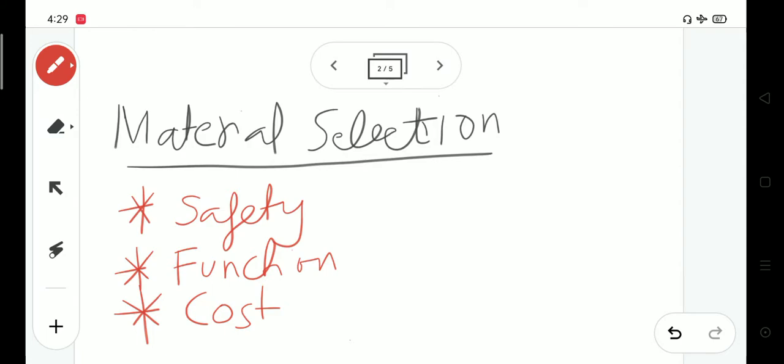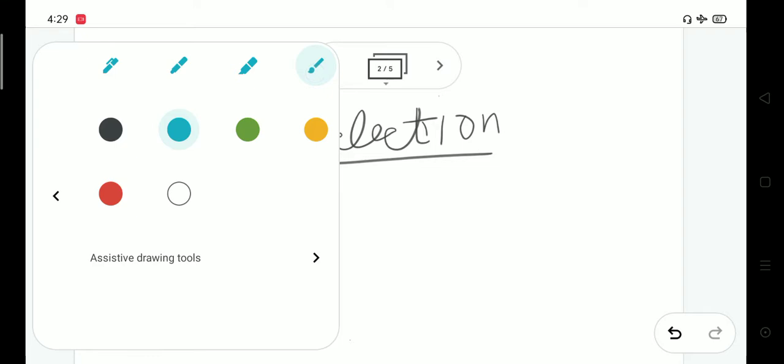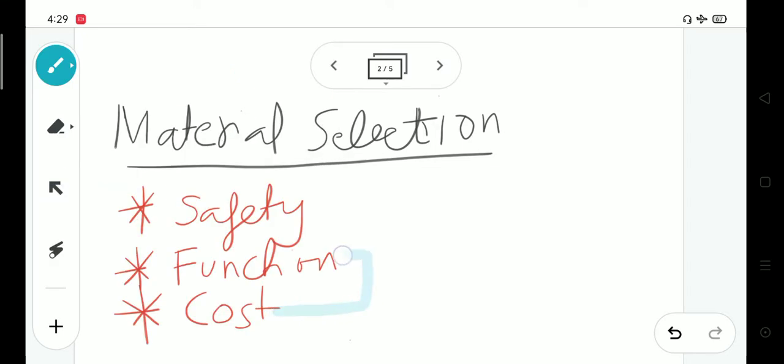So cost is interconnected with everything, because everything relates to money. It is not directly connected but it is interconnected, so we have to be very serious about this.